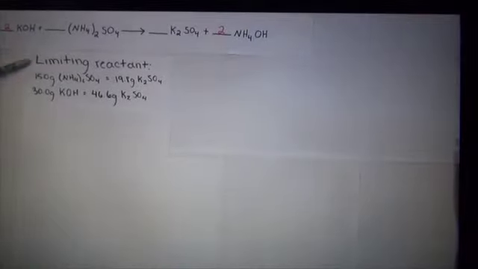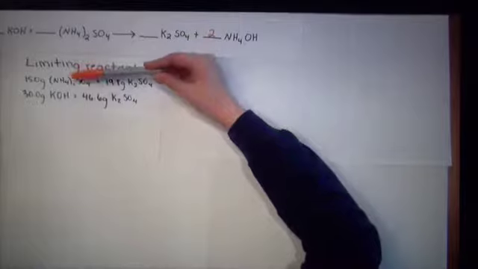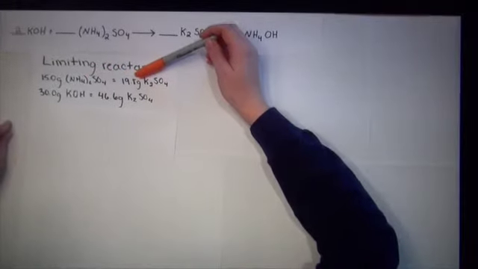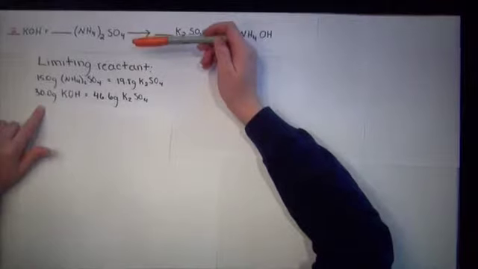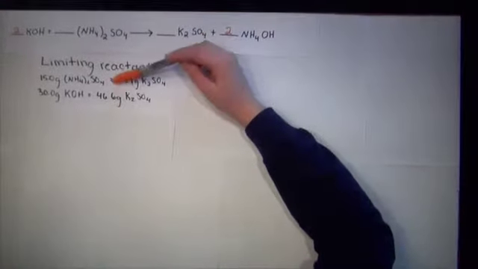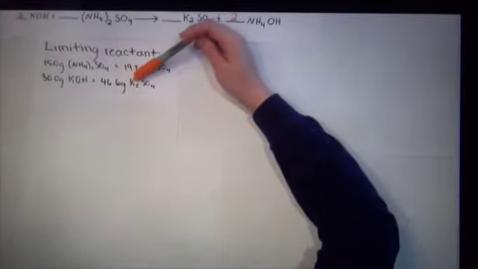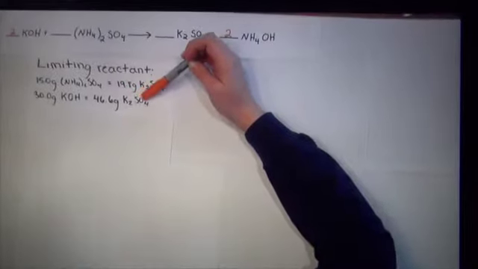Okay, so now we're going to look at what the limiting reactant was. So with 15 grams of ammonium sulfate, we ended up with 19.8 grams of potassium sulfate. With 30 grams of potassium hydroxide, we ended with 46.6 grams of potassium sulfate.